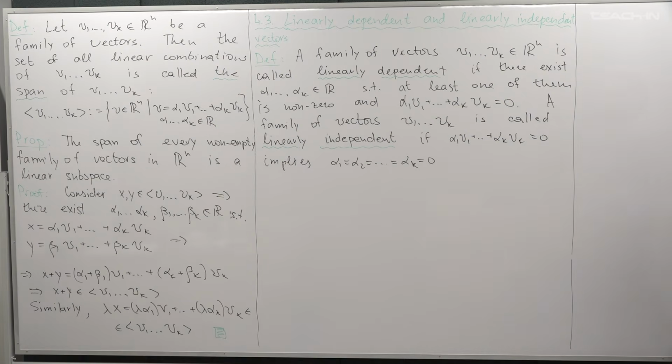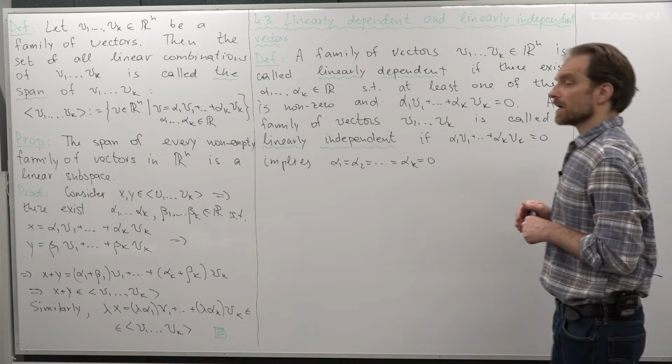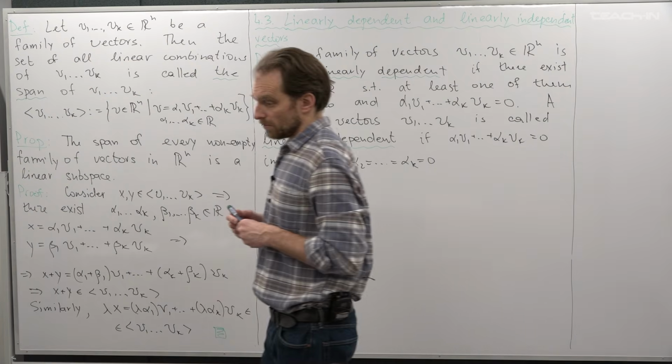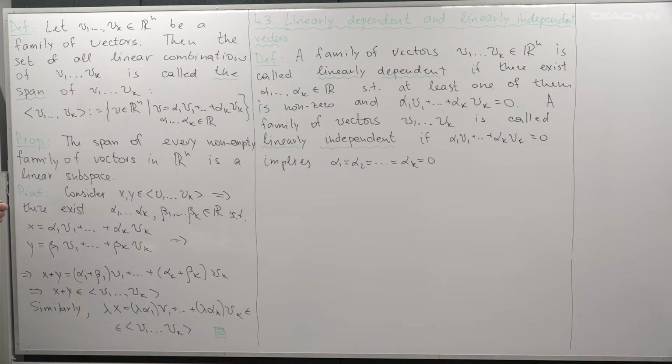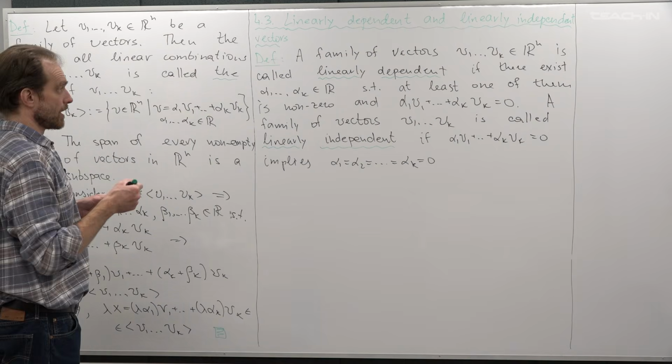So only the trivial linear combination of these vectors can be equal to 0. So this is the definition, and now let us consider some examples.